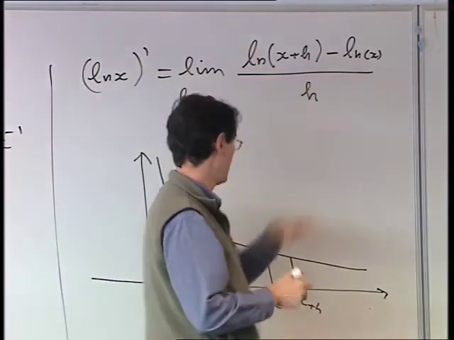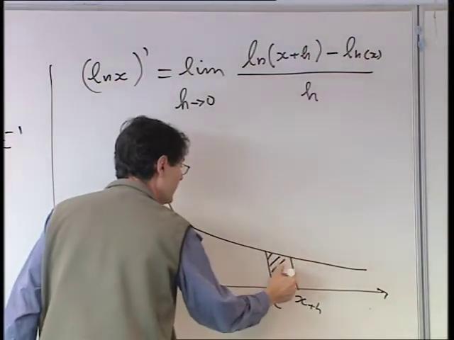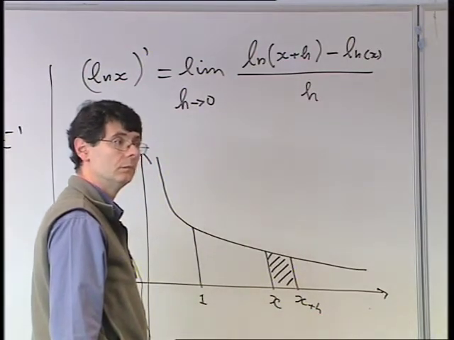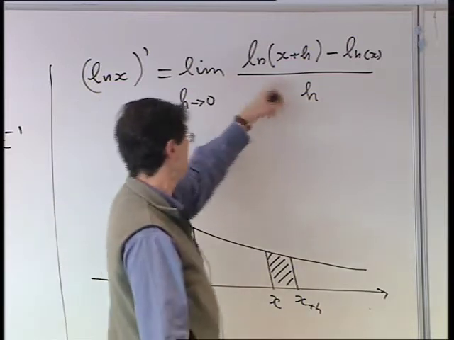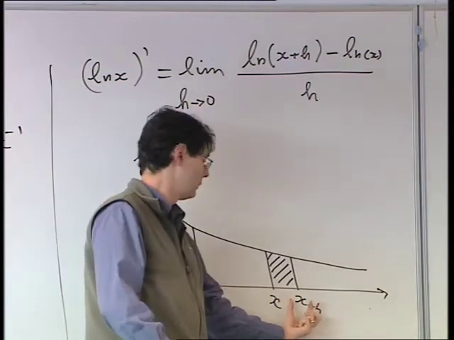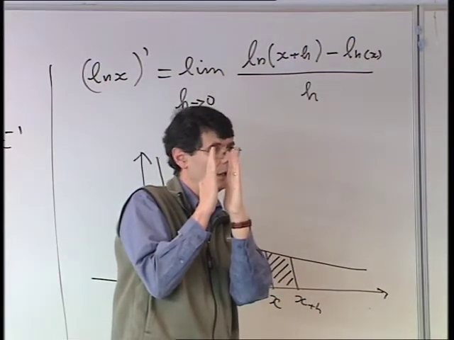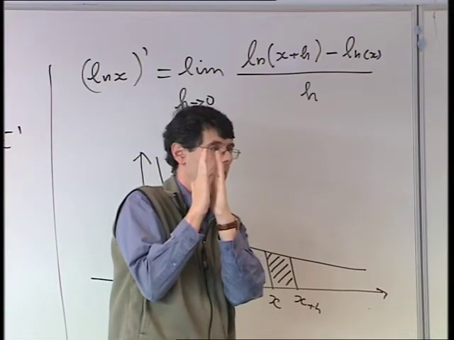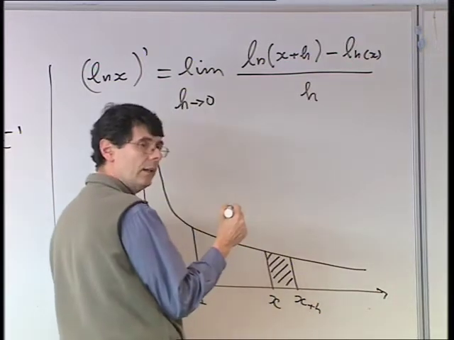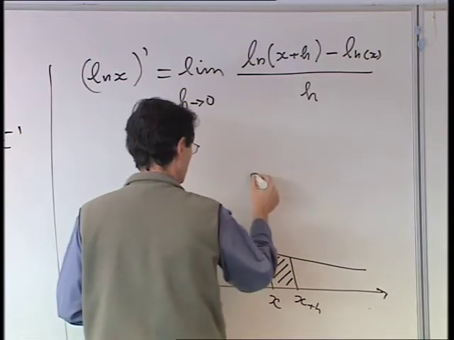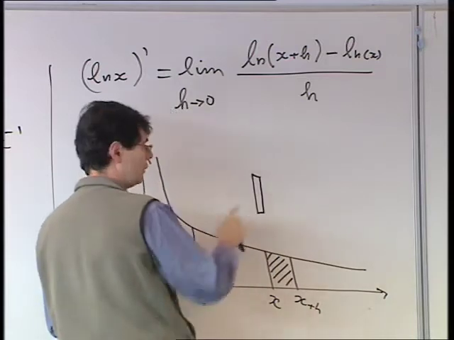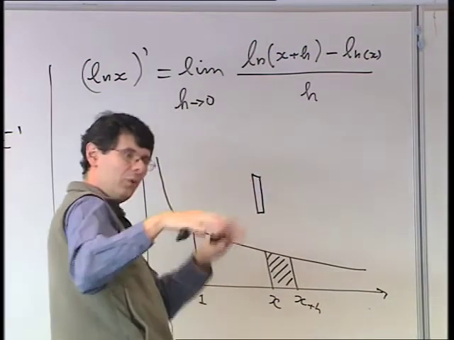So this difference here is this area here. Does that make sense? The numerator is the area in here. I'm going to make h go to 0. So this is going to be a very thin area. If this area gets to be very, very thin, it's going to be almost like a rectangle, right? Base times height. The top is not flat, but almost.